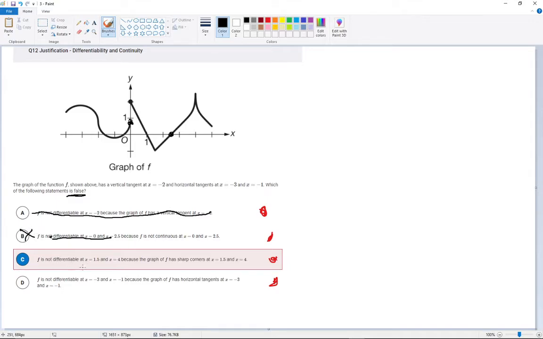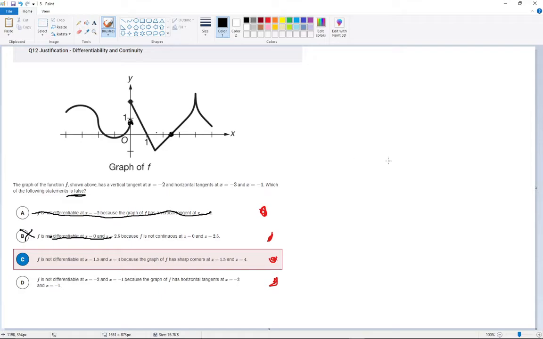F is not differentiable at 1.5 and 4 because the graph of f has sharp corners at x equals 1.5 and x equals 4.